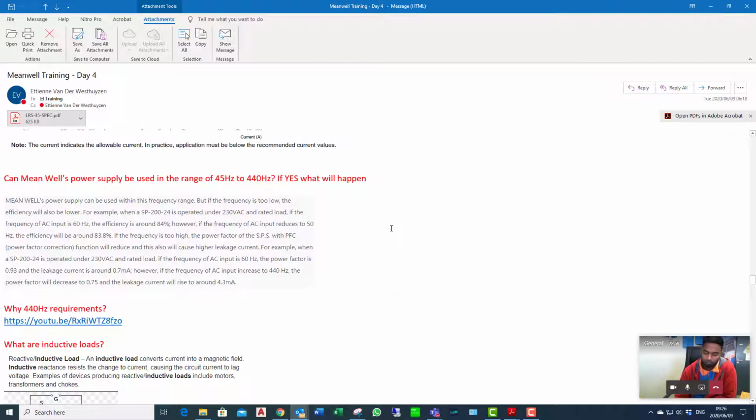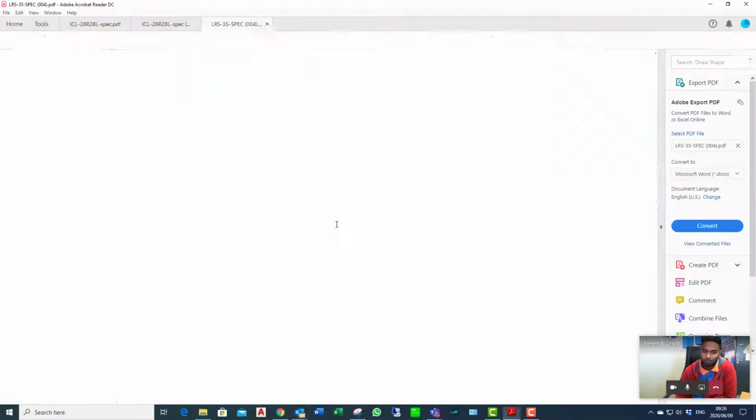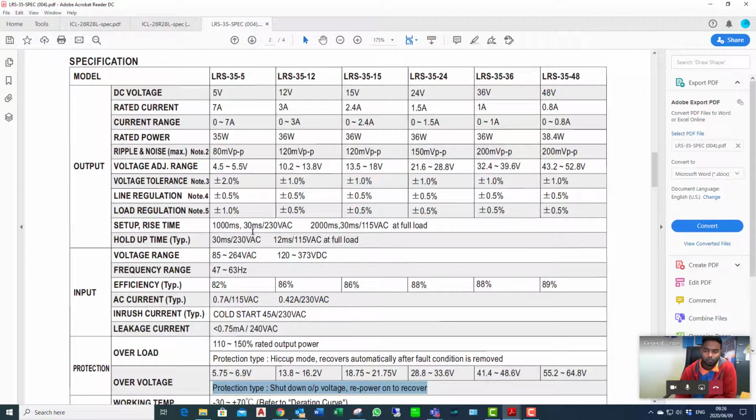Now the next question which I want to raise to you. If you've been long enough in the power supply market, you'll know South Africa is sitting at 50 hertz. In North America, we sit at 60 hertz. But you'll also find clients asking you for 400 hertz. It's nowhere specified on the power supply that you've got 400 hertz.